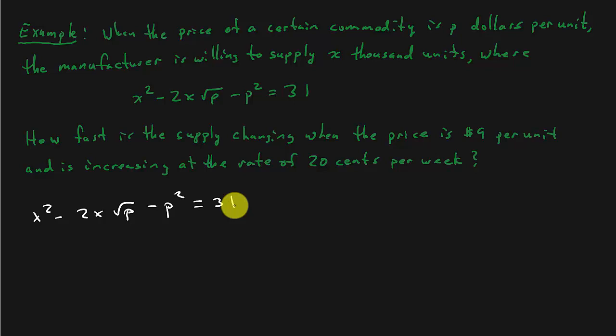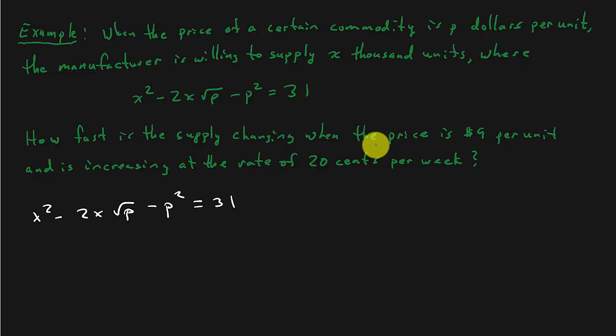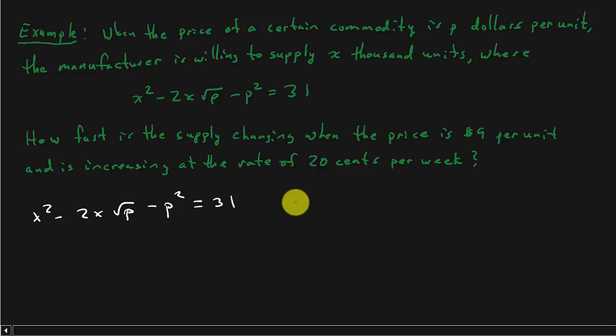All right. So x represents the number of units we have in supply, and they want to know how fast the supply is changing. So we want to find dx/dt, right?